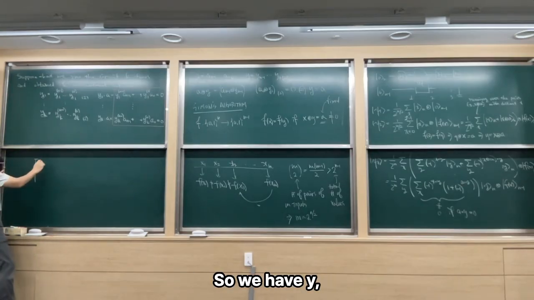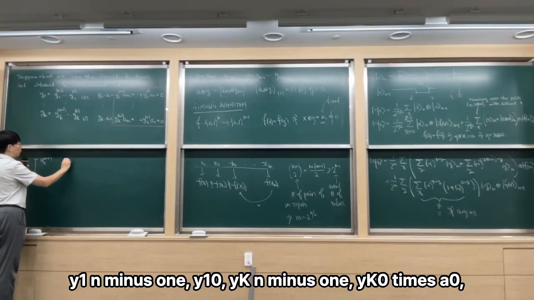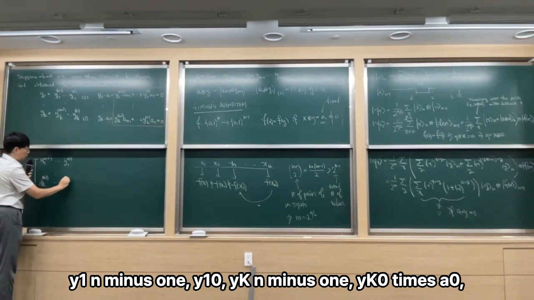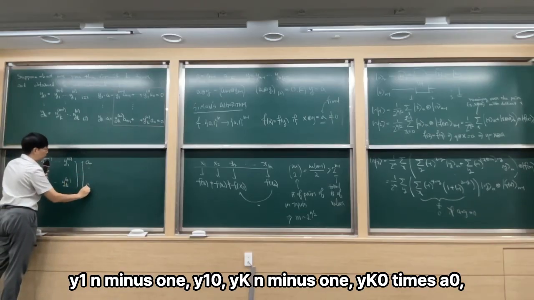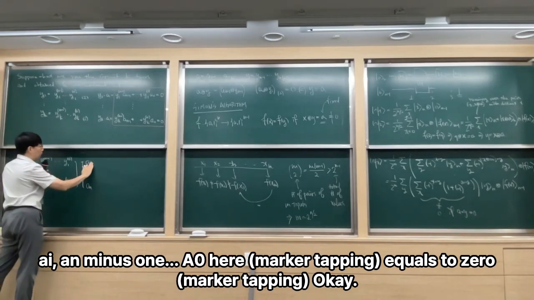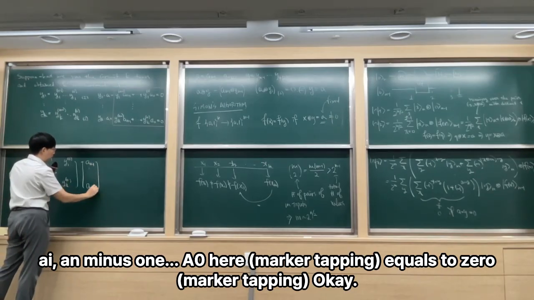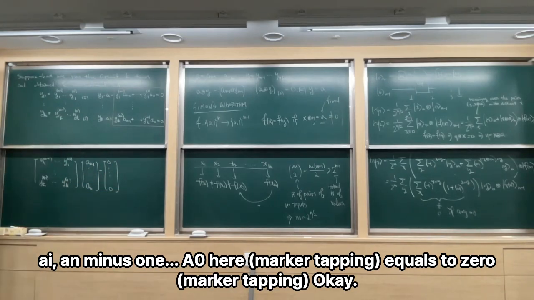So we have y1 n minus 1, up to y1 0, down to yk n minus 1, up to yk 0, times a n minus 1, up to a0, equals 0.